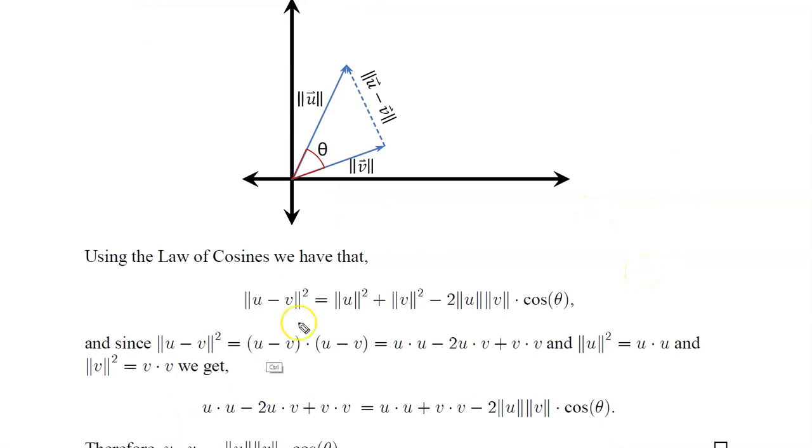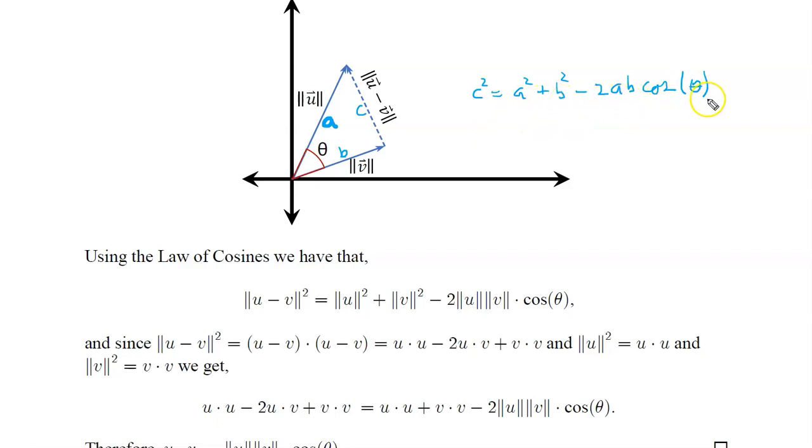Now this may be a strange form. You may have seen this written in a different form, maybe like this. If I labeled this side A, the length of that side is A, and the length of this side of the triangle is B, and the length of the side opposite theta, C, you may have seen this formula written as C squared equals A squared plus B squared minus 2AB times the cosine of the angle theta.